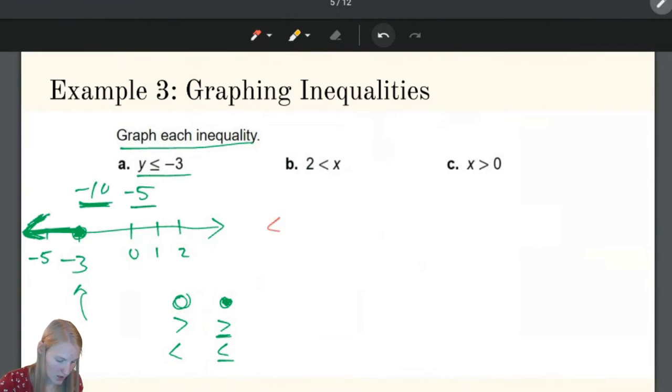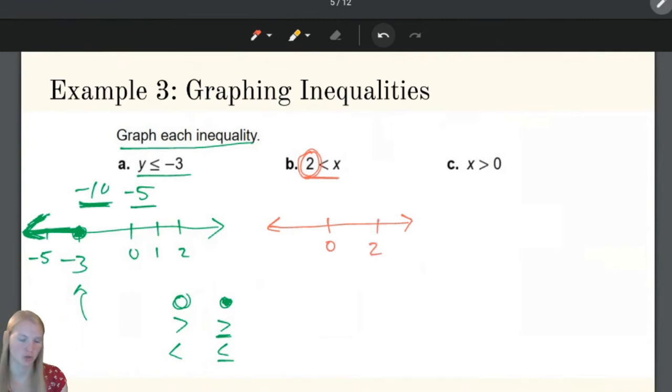So I'm going to draw us a new number line. We need to put 0 on that number line, and we need to put the number that we care about on that number line. Remember, the number we care about is the number in our inequality, and that is 2. So 2 is to the right of 0, and that's all that matters, really.